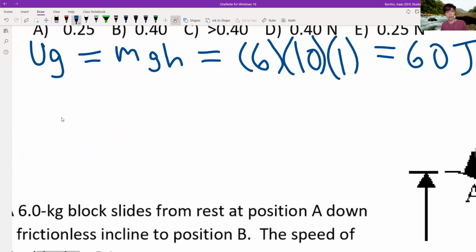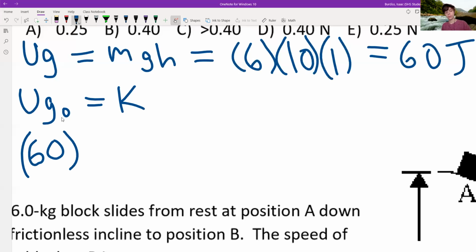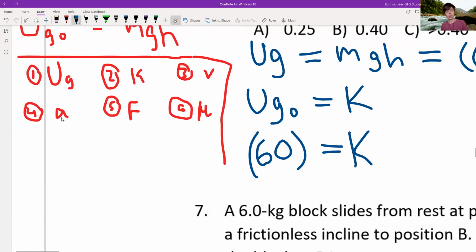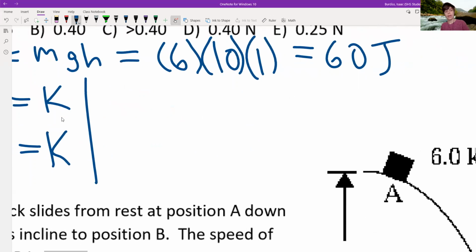Kinetic energy. Okay. We need to find that by knowing that the initial potential energy equals the final kinetic energy. The initial potential energy equals 60 joules. And so that means that's the kinetic energy. All right. And now we need to find the velocity.